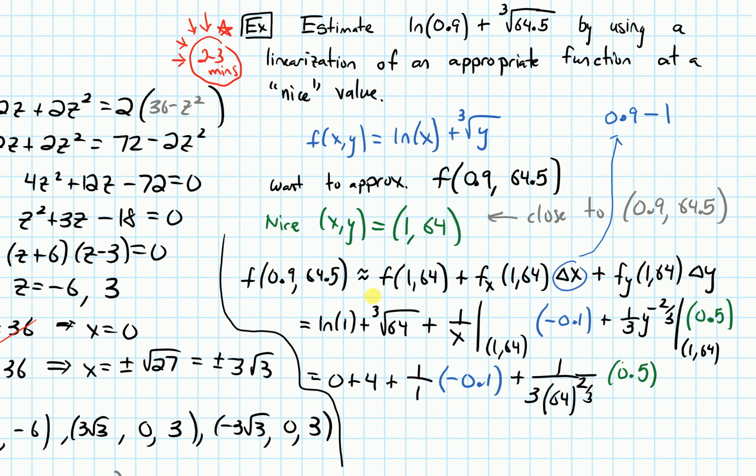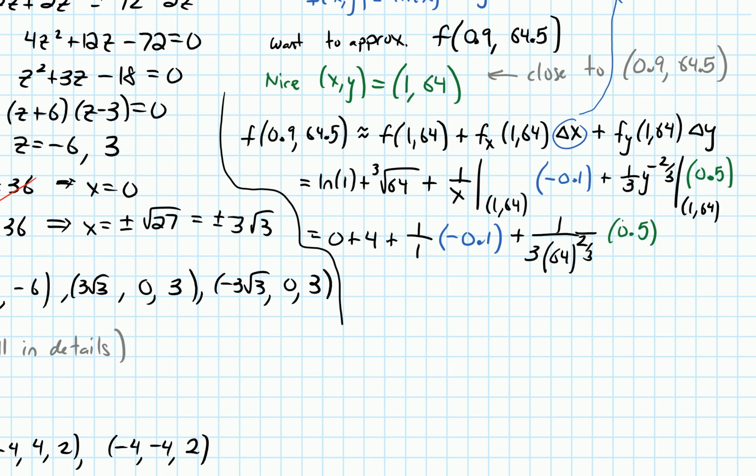So we have 4 minus 0.1 times 1, which is 1/10, and then plus 1 over 3 times 64 to the 2/3.